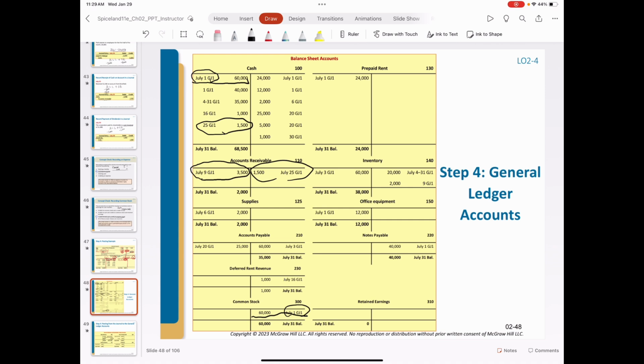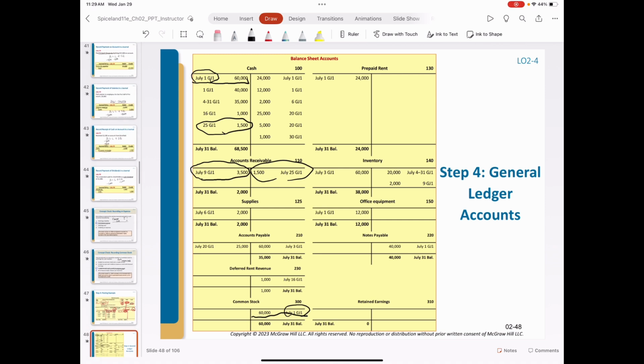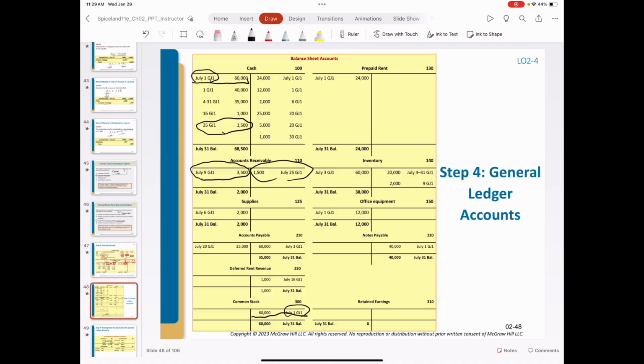You may track the information from this ledger to the journal using the dates and the page number of the general journal. As I mentioned, the purpose of the ledger is to have the ending balance of each account. After posting, we can have all the ending balance of each account.